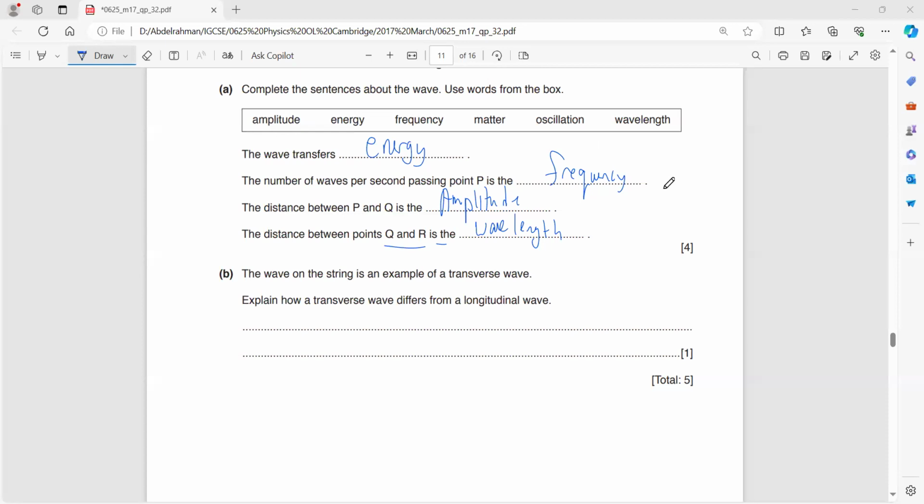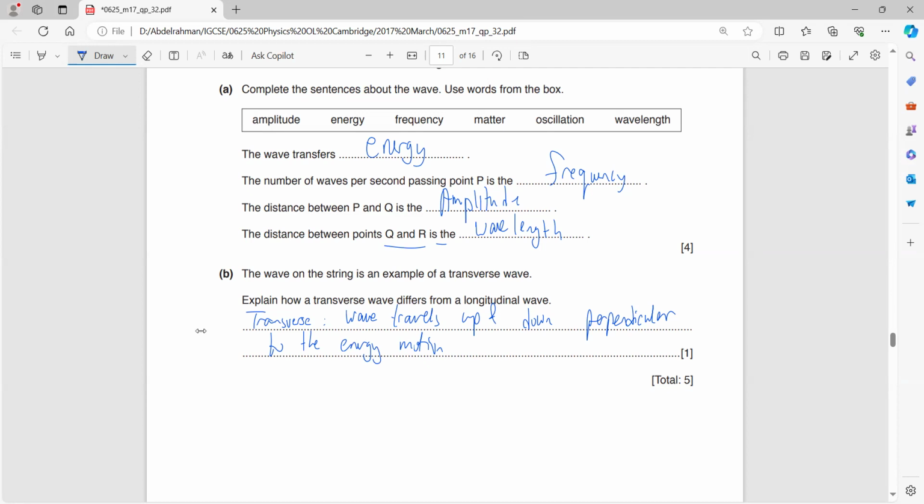A transverse wave is definitely up and down, perpendicular to the energy motion. Longitudinal travels left and right, parallel to the energy motion.